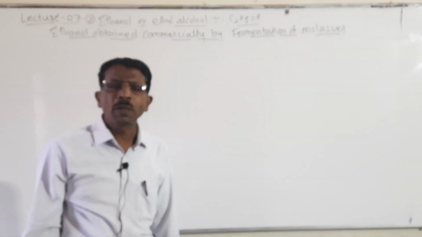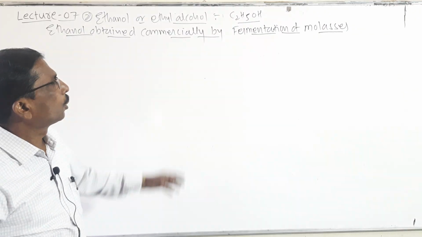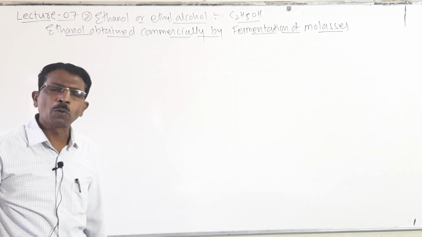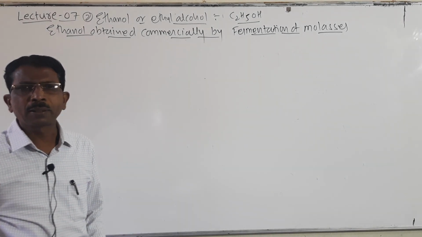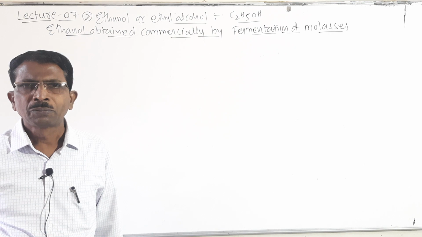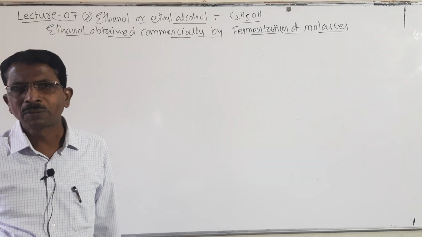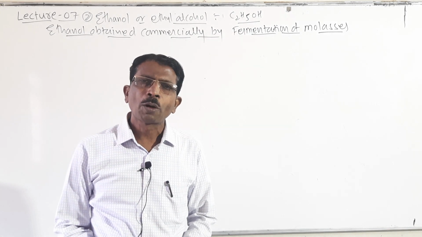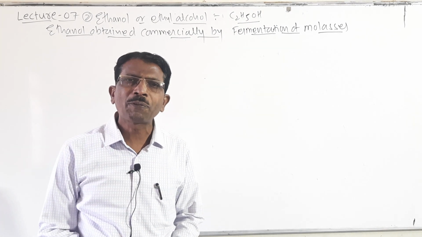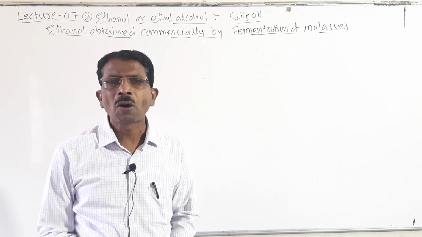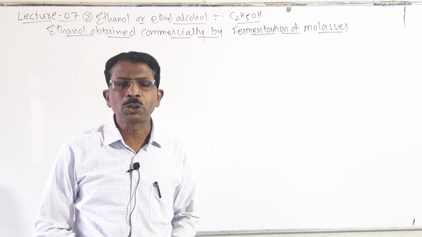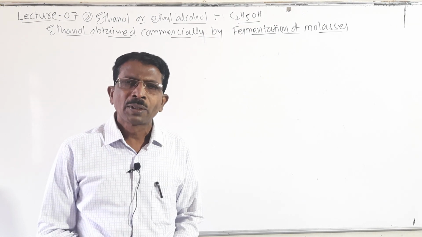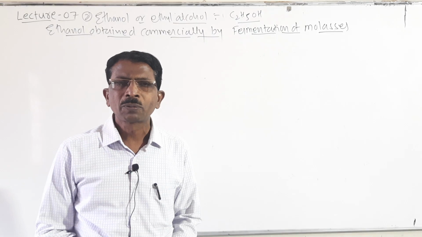So you are very familiar with molasses, because here in our area sugarcane is grown in large amounts and we manufacture jaggery in much quantity. So then you will get molasses there. What is molasses? Molasses is the mother liquor which is left over after crystallizing out all crystallizable sugar from sugarcane juice. It is a dark colored syrupy liquid. It contains mostly sucrose.